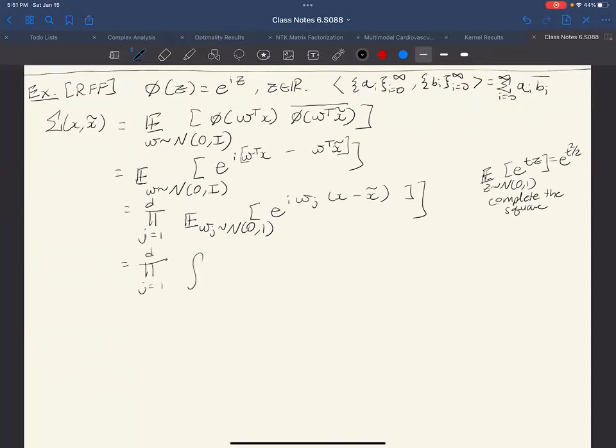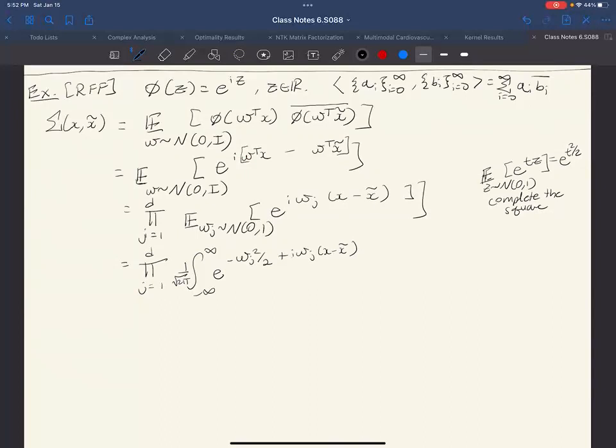I write this as an integral, and now this is e to the negative w_j squared over 2. There's a 1 over root 2 pi up front, and there's a negative infinity to infinity here. Then I'm adding i w_j times x minus x tilde. This i times x minus x tilde is playing the role of my t here.